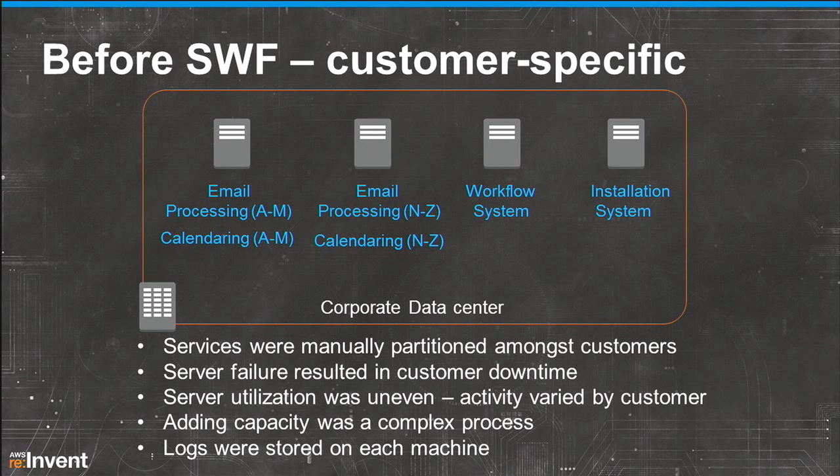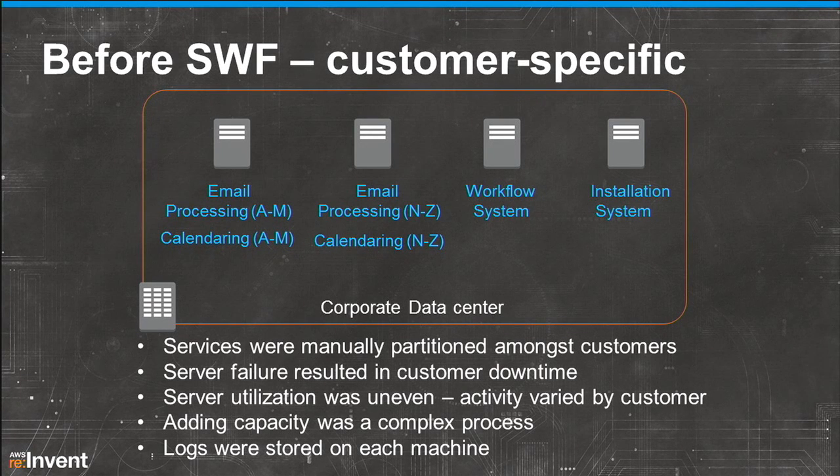So their key features include trouble ticketing, time billing, calendar syncing, and then they also do deployments across their server farms and their data centers using Simple Workflow. So before Simple Workflow, they had single-purpose servers that were dedicated for each customer.